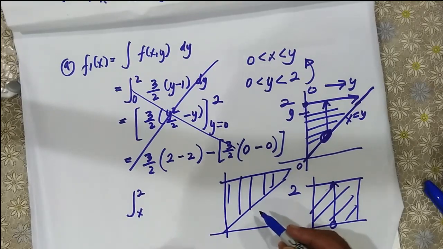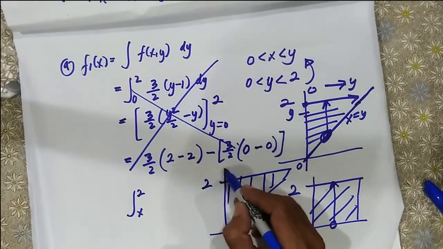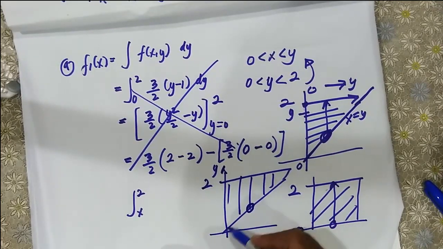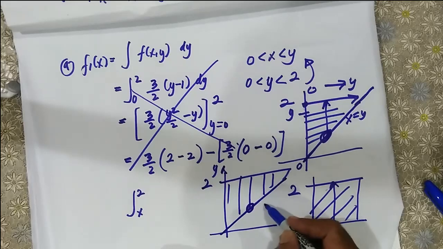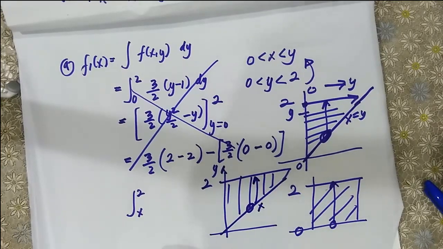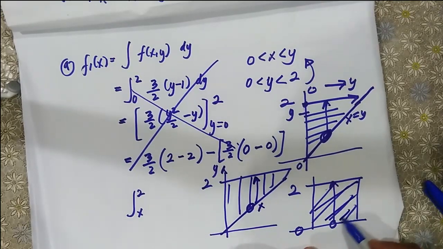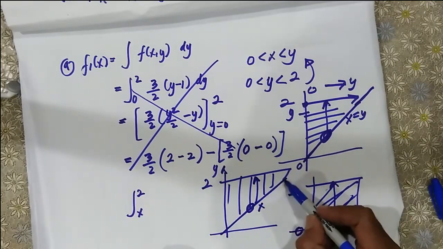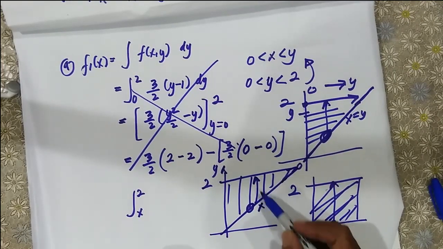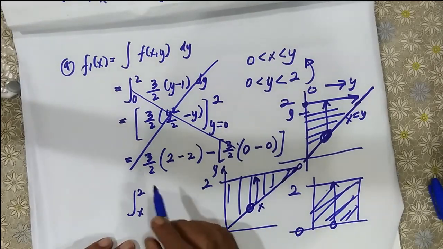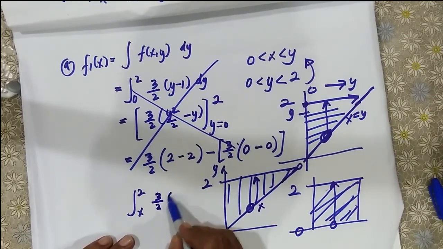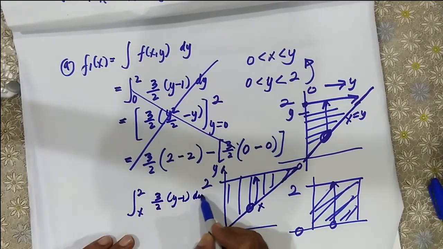So your y here is from this particular line, from x to 2. If you put 0 to 2 it is this area, but because there is a line there, the graph here is from x to 2. So that's why we have to integrate from x to 2, 3 over 2 y minus 1 dy.